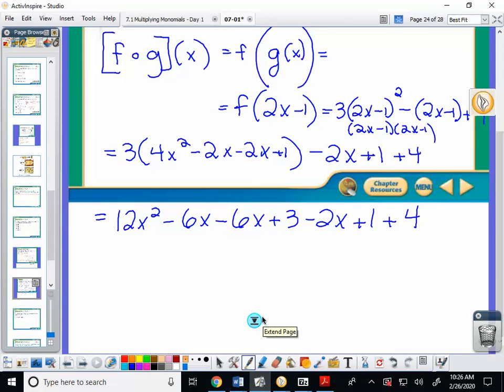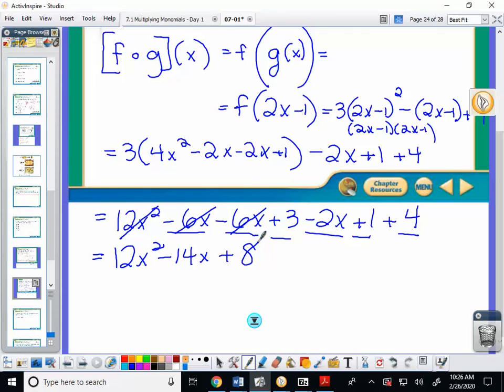Now add your like terms. We don't have any other x squareds, but I've got a few linear terms. Negative 6x minus 6x is negative 12x. Negative 12 minus 2 is negative 14x. And then 3 plus 1 plus 4 should be 8.